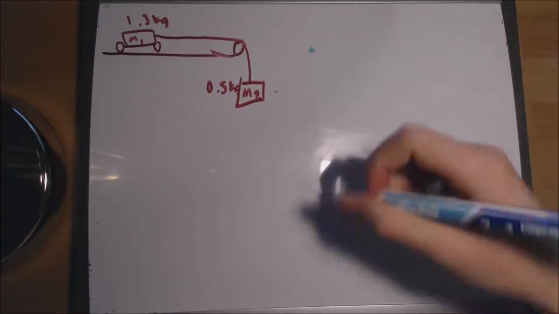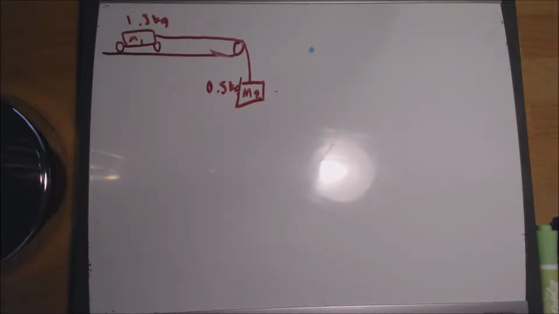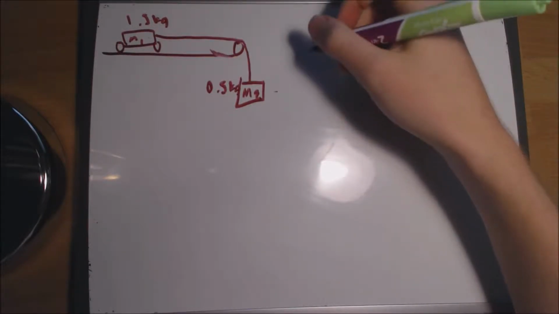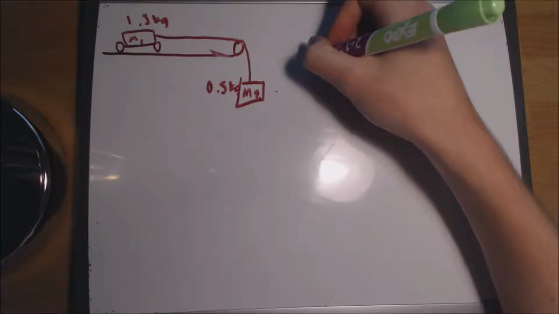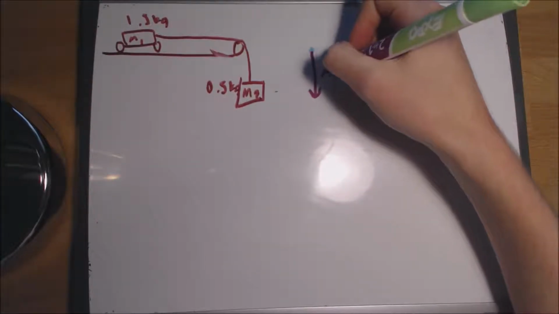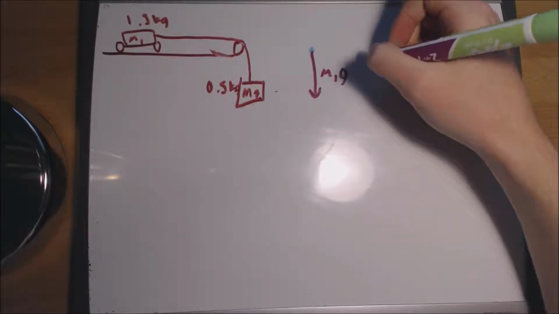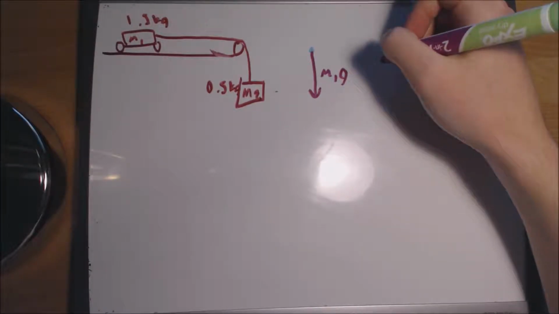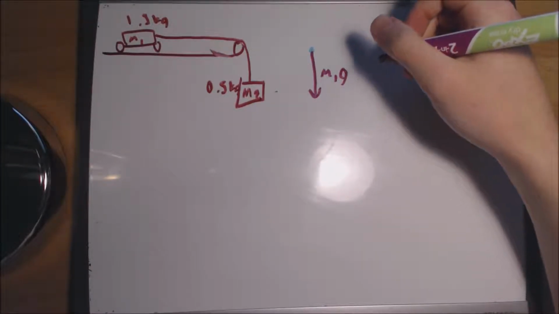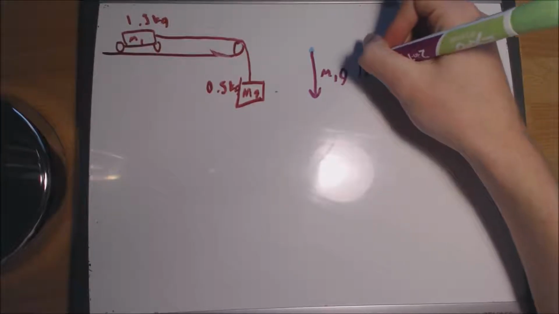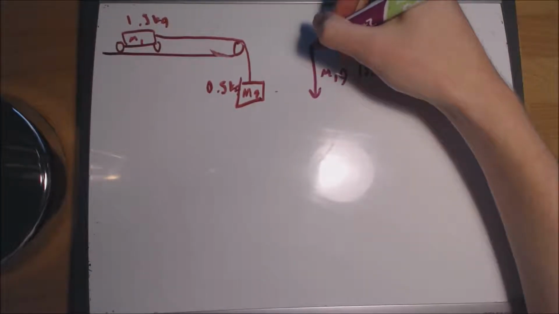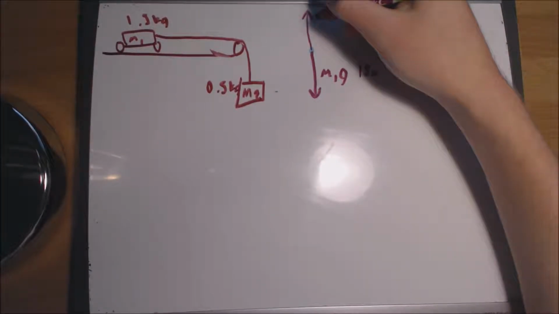So this is going to be the cart. We're going to have the force of the earth pulling down on the cart, which is equal to the mass of the cart times the gravitational field strength of the earth, which is 10 newtons per kilogram. So this will be 15 newtons. We also have the normal force pushing up, an equal amount to the earth pulling it down.